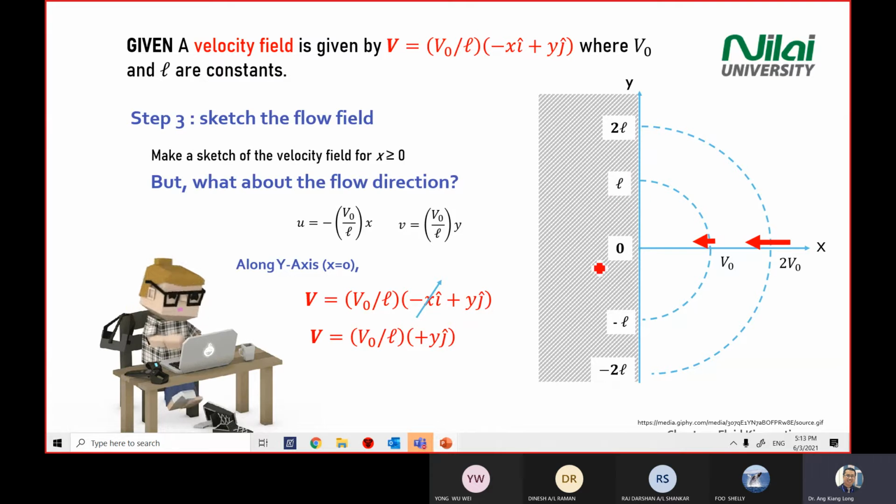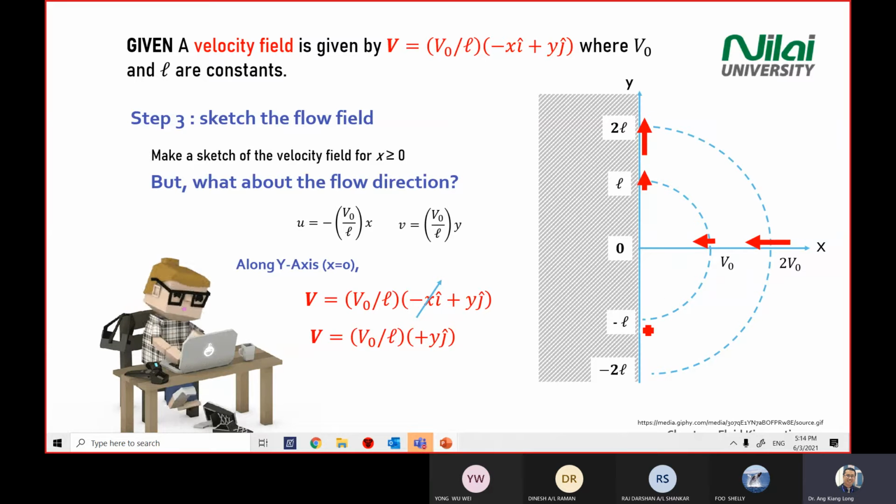How do you draw on the scale here? When the positive is pointing up, this way, 2L has a bit larger magnitude. If you substitute the y coordinate in this equation, you get a larger magnitude.